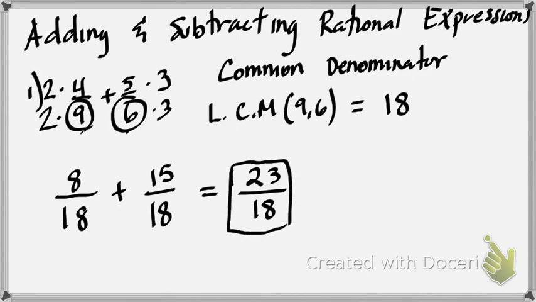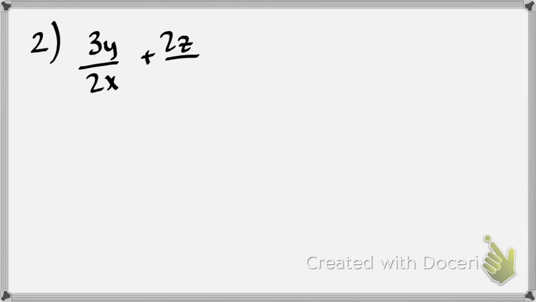Now, those same principles are going to hold true when you start throwing in polynomials. For instance, let's look at number 2. It says 3y over 2x plus 2z over 5x.